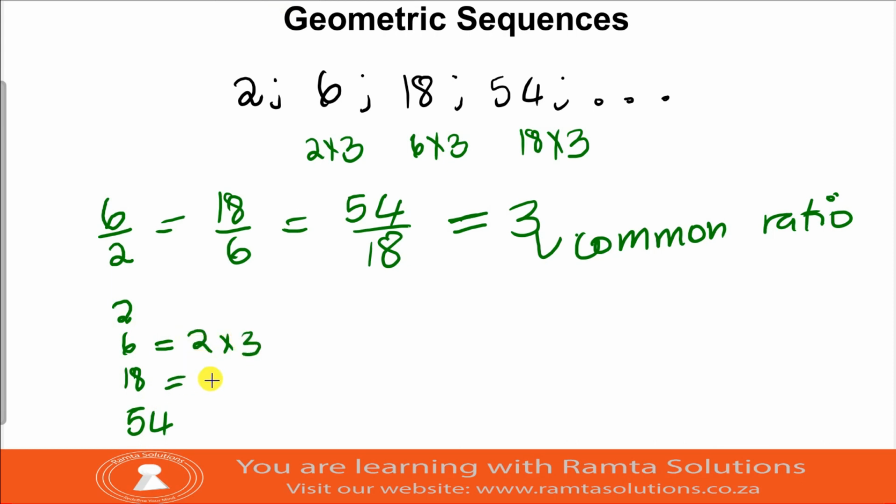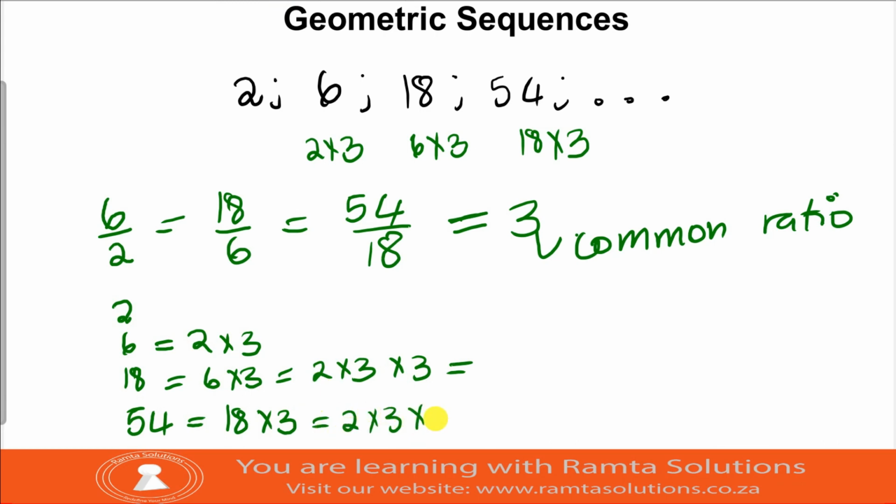We said 18 was 6 times 3, and I remember I said 6 was 2 times 3. Now multiplied by that 3. Right? Now, I then say we have 54, which was 18 times 3. We said 18 was 2 times 3 times 3. However, to get 54, I must multiply it by 3.